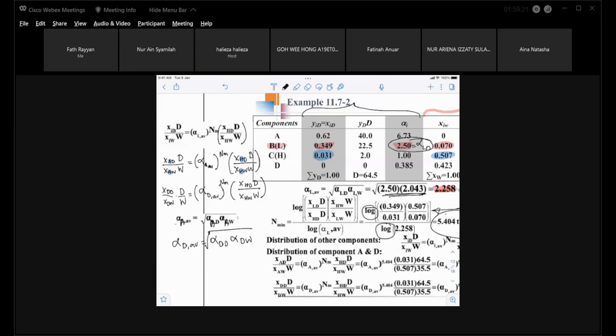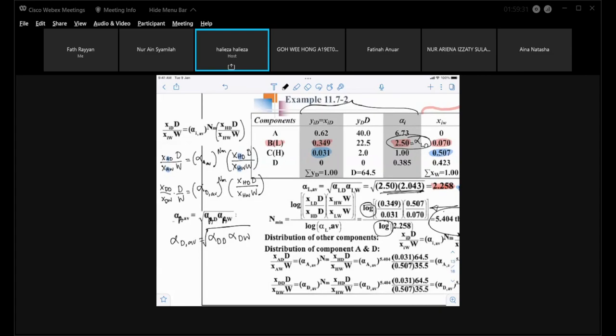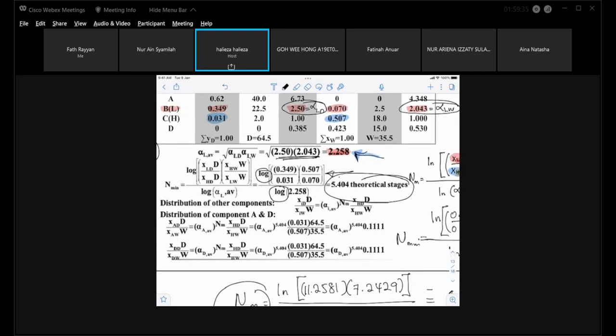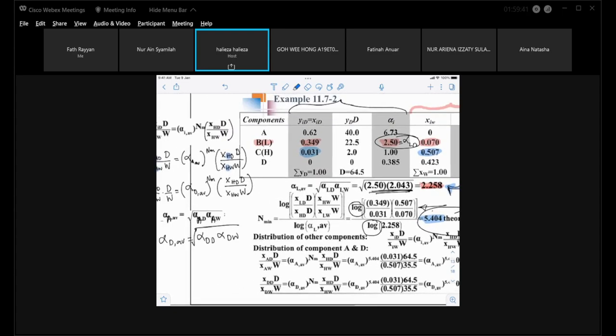So components A and D are the ones that you assumed earlier, so you have to double check your calculation. This is how you do it. Your n mean is the one that you just got earlier. Let me highlight. That is the value of your n mean, so this is the power of.